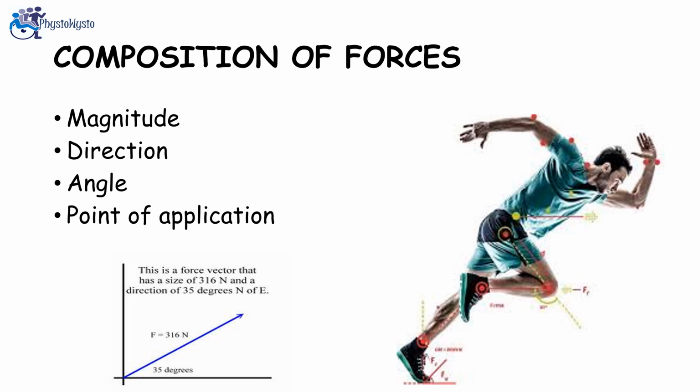Number two is direction, which is denoted by the arrowhead. Number three is angle, also known as action line or angle of pull, which is indicated by the angle of the arrow with the horizontal line. Number four is the point of application, which is indicated by the tail of the arrow.